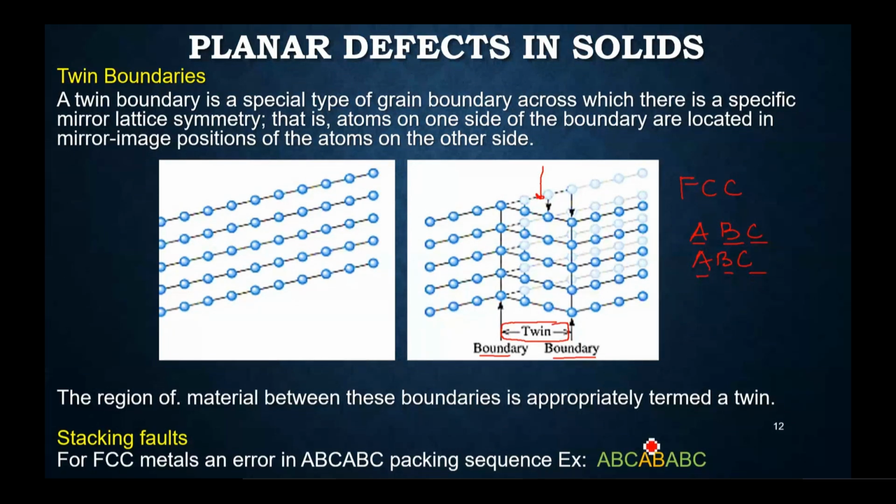If any one of the layers is missing, so for example, you have A, B, and the C layer is missing, that is a stacking fault which takes place in 2D. So a complete 2D layer is missing. That would give rise to the stacking faults in materials. A missing layer is a 2D stacking fault.